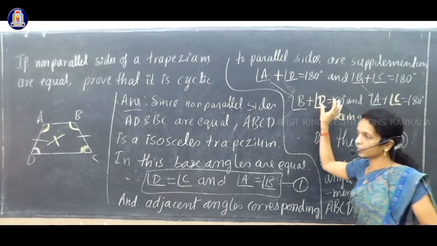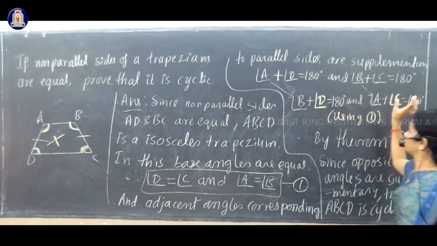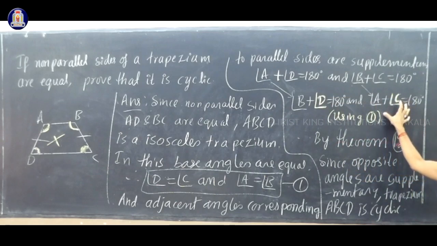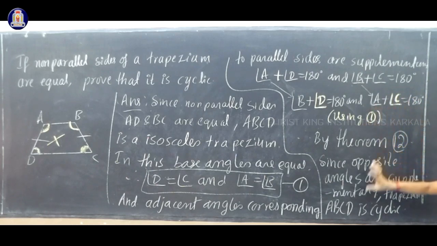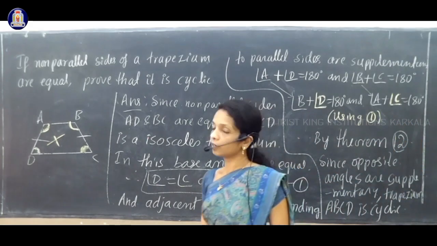Angle B and angle D, they are opposite angles of that trapezium. They are supplementary, and here angle A and angle C, they are also supplementary. So since we proved both pairs of opposite angles are supplementary, we can decide by using theorem 12 that trapezium ABCD is a cyclic quadrilateral.